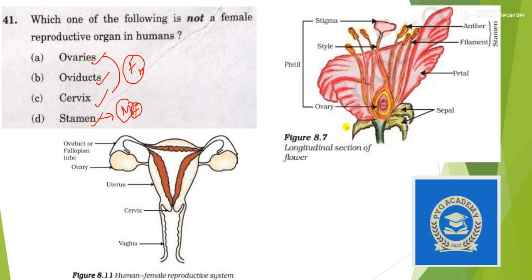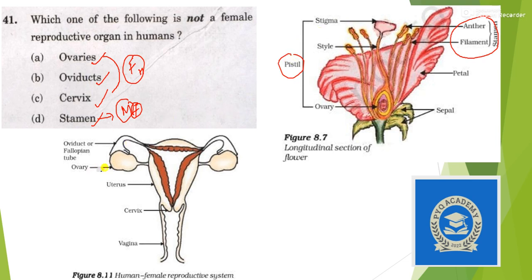So you can see here, this is a longitudinal section of a flower where the anther and filament combine and make the stamen, which is the male reproductive part of a flower, and this pistil, which consists of stigma and ovary, is the female reproductive organ.